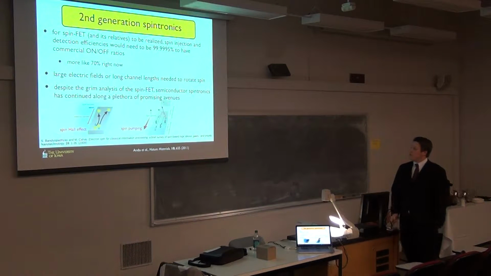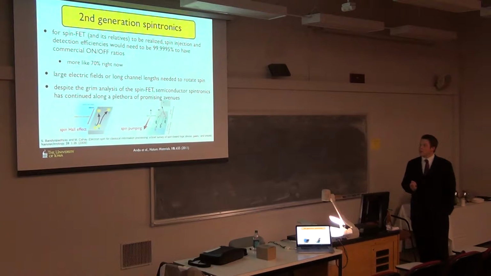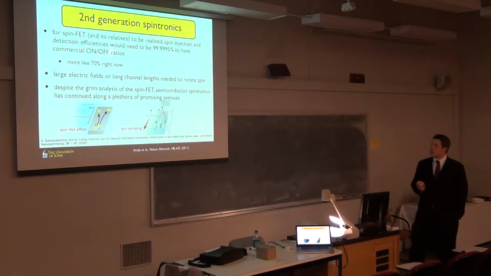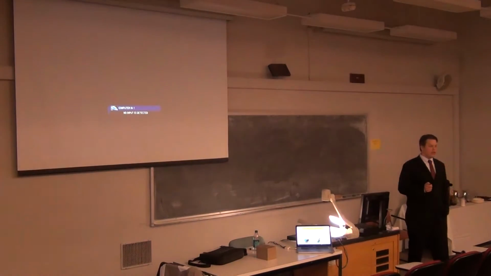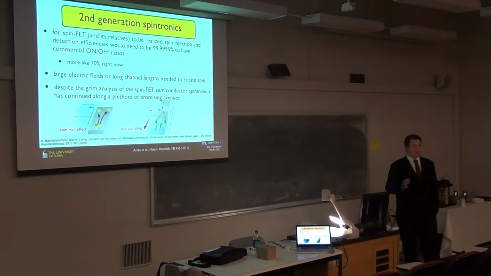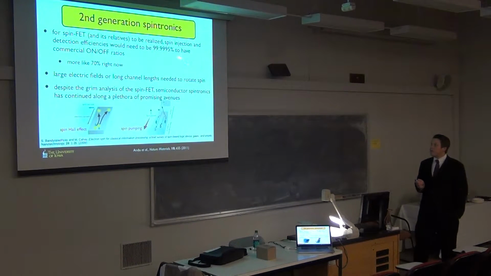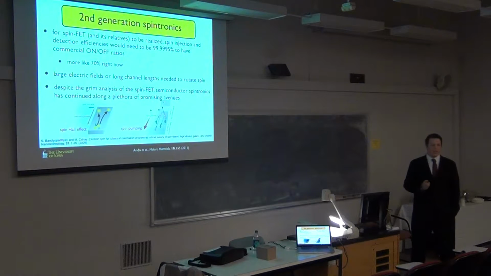There are some pretty big problems with this type of device. To be commercially relevant, to have commercially relevant on-off ratios, which tell you basically the amount of current with the gate on and gate off, you would need very pure spin detection and injection efficiencies, 99.9995%, whereas only 70% is realistic right now.